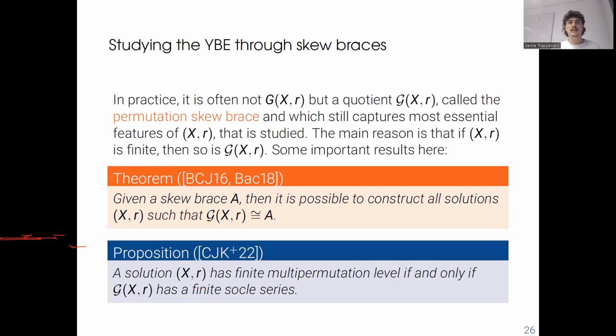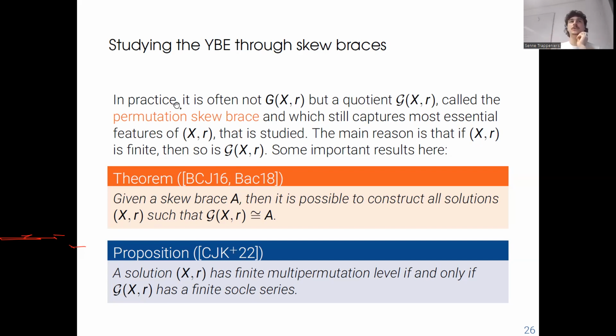Now, on the other hand, one can easily see that the structure groups or structure skew braces that we obtain, even if one starts from a finite solution, will end up being infinite. Which, for example, when we want to use a computer to compute things, might be a problem. In practice, however, there's always a certain quotient, a quotient as a skew brace.